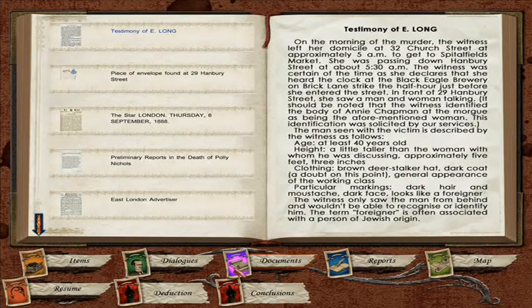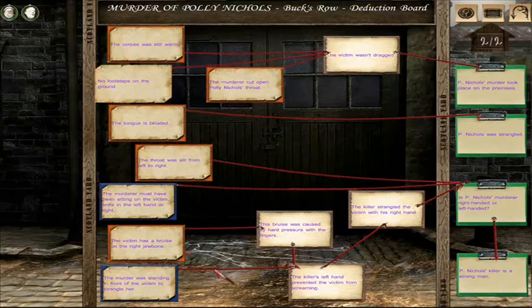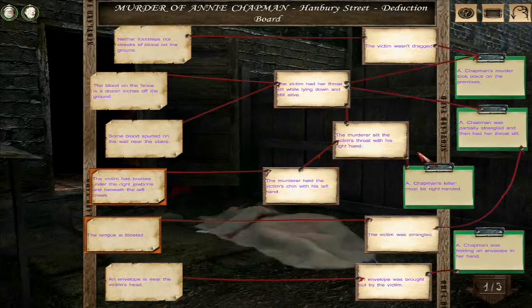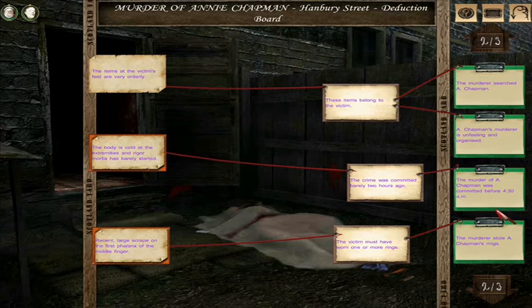Formalin is something that you use when you're trying to preserve animals.